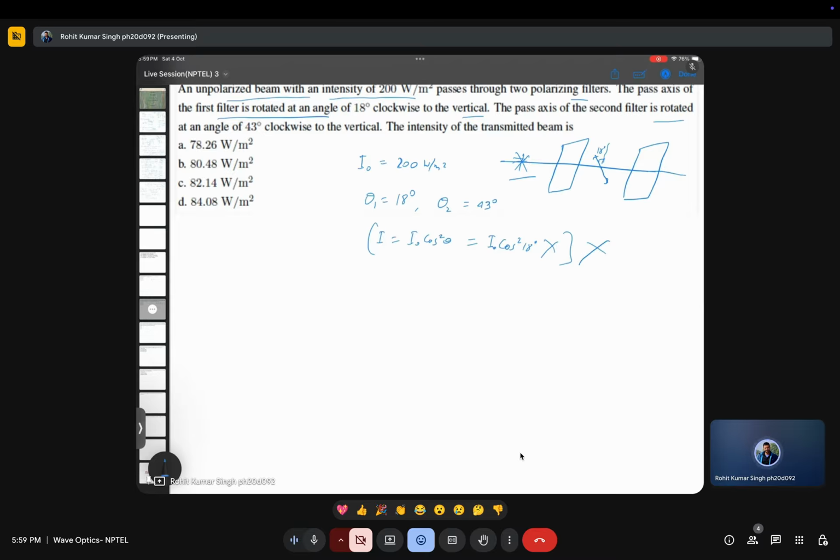So this first polarizer, which is polarizing the unpolarized light into one direction, reduces the intensity by half. Whatever intensity you have in the unpolarized light, it reduces it to half. Why reduce it to half? Can you think about it?